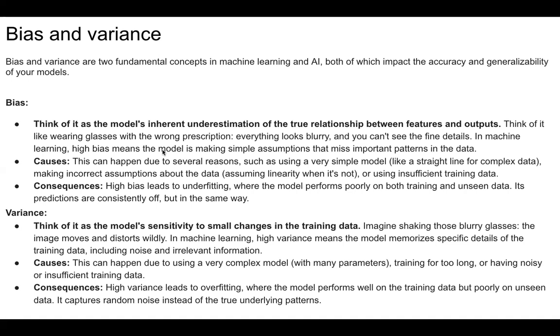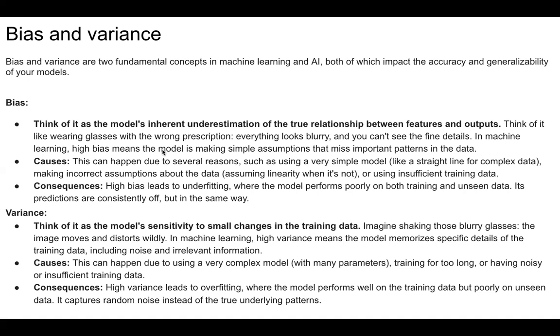Variance is the opposite. Think of it as the model's sensitivity to small changes in the training data. Now, this is opposite in the sense that now you make the model much more complex. So now the model is unable to determine which feature impacts the most the value that you want to predict.